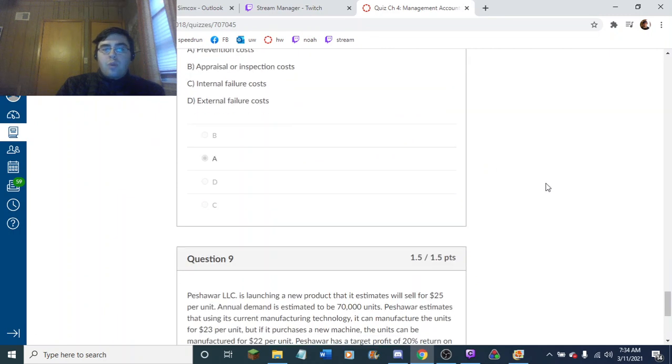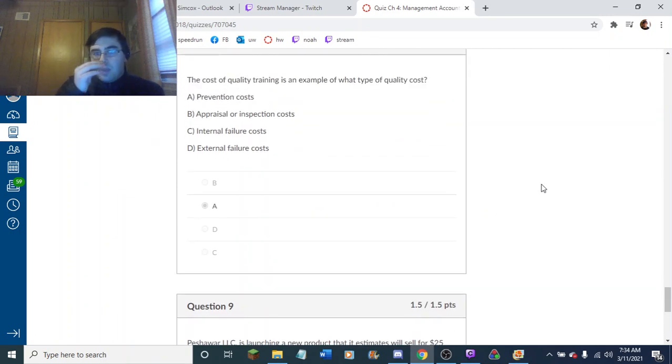This is from chapter 4. Maybe what I should do is do that one activity thingy for chapter 4. The cost of quality training is an example of what type of quality cost. So you're training people to have good quality, and it's a prevention cost.